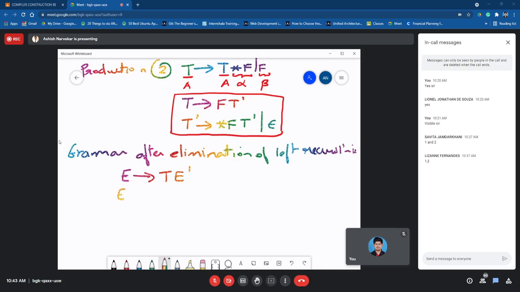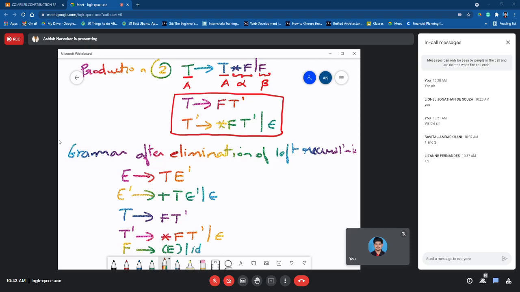So E derives T E dash, then E dash derives plus T E dash or epsilon, then T derives F T dash, T dash derives asterisk F T dash or epsilon, and finally F derives E or, I think it is ID.